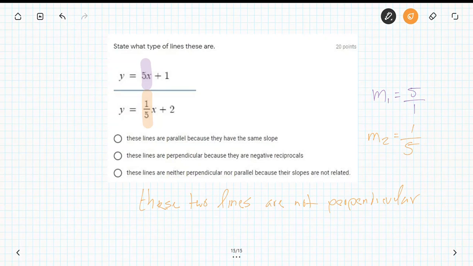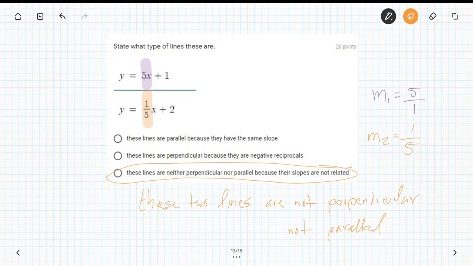They are reciprocals. The place changed, but the sign didn't. So these lines are not perpendicular, and they are also not parallel because they do not have the same slope. So that's this one right here.